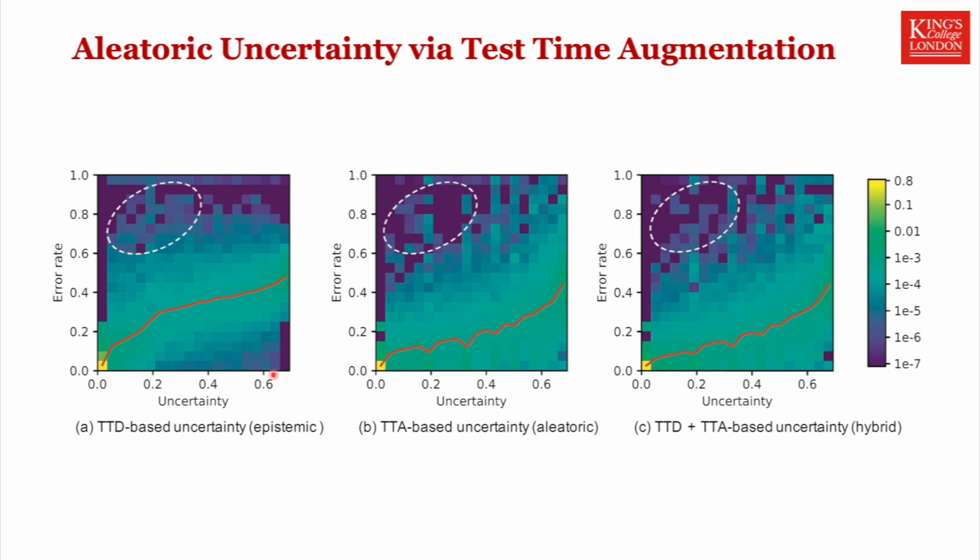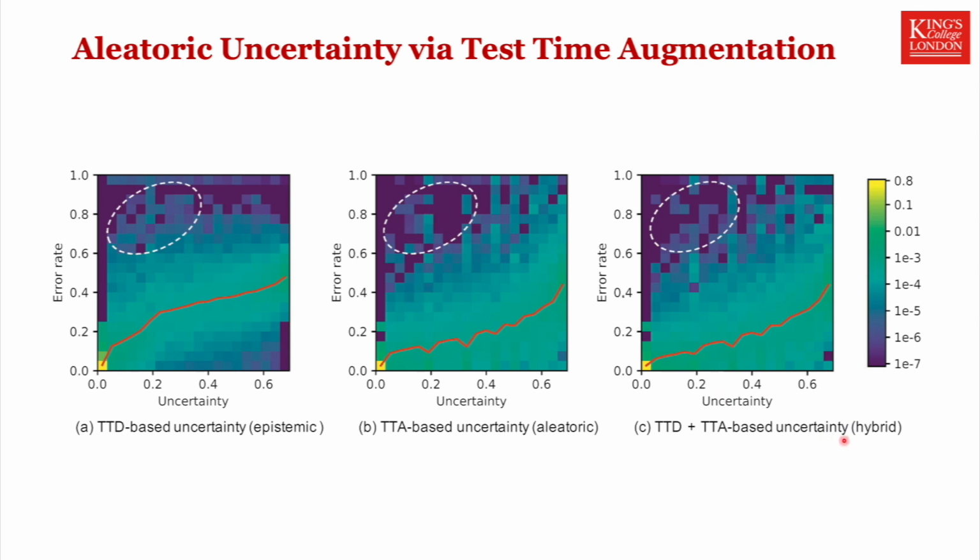But when the predicted uncertainty is low, you would expect to have very few pixels or voxels with a high error rate. What you're seeing is that if you have only epistemic uncertainty, the error rate is actually quite high, even for areas of the image where the predicted uncertainty is quite low. When you look at only aleatoric uncertainty, you see that the area here at the top left, which is a problematic area, becomes sparser.